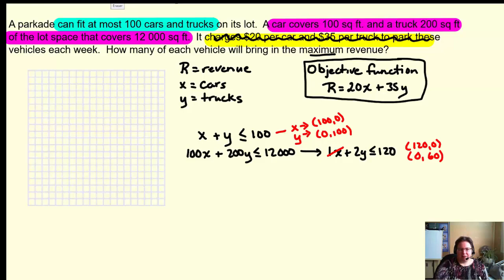Good, now we can go ahead and graph these points, but the reason I did all that work is because I want to set up my graph so that I've got enough points to cover my x and my y-intercept. So I got to get to 120 is my biggest x, and 100 is my biggest y. So going along here, I can probably skip by tens.